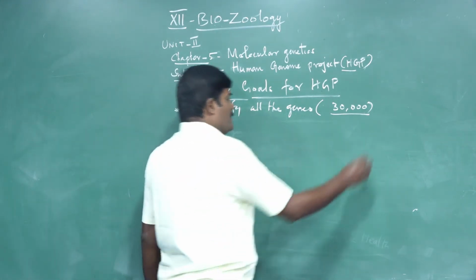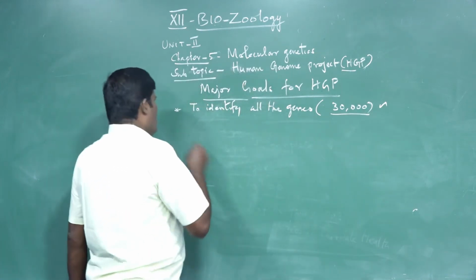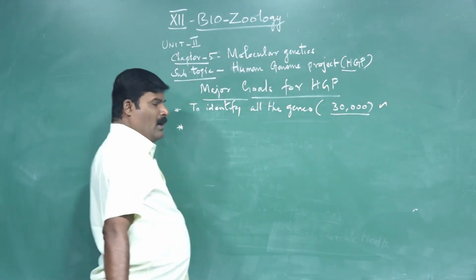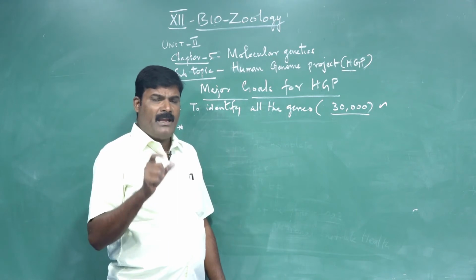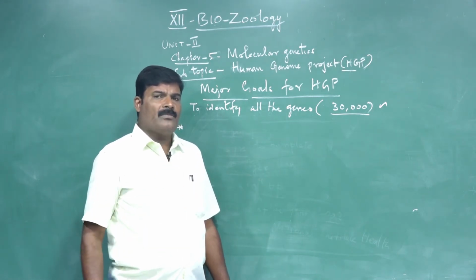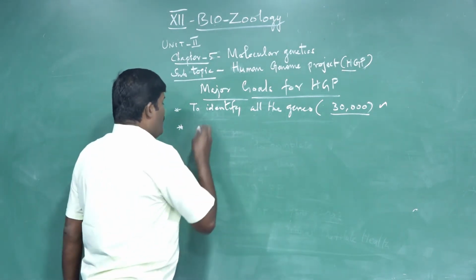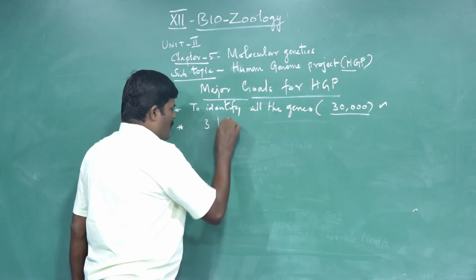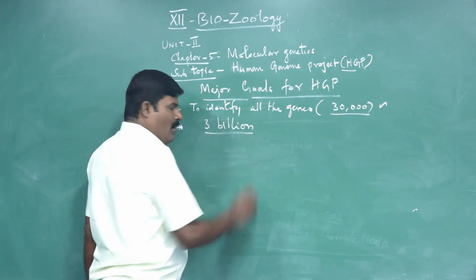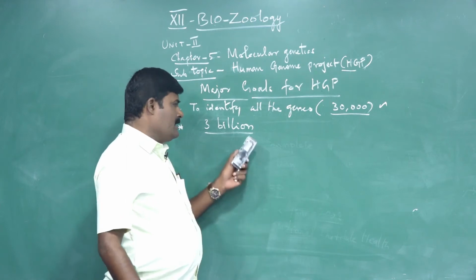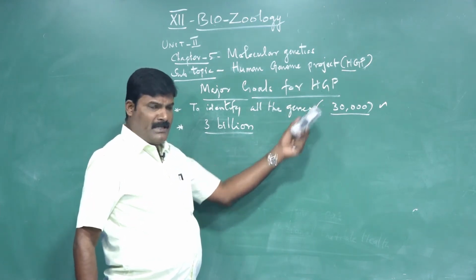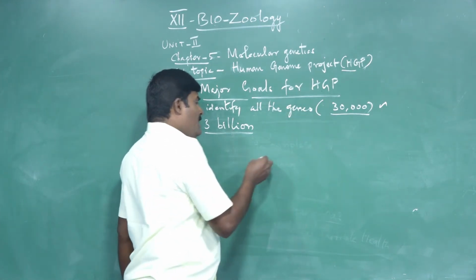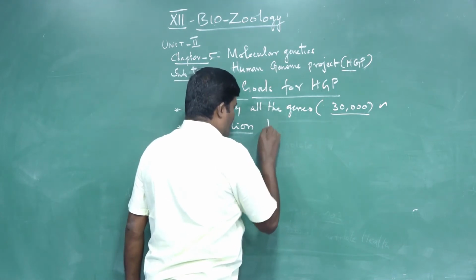That is 30,000 genes. The second important goal is to determine the sequence of 3 billion chemical base pairs.